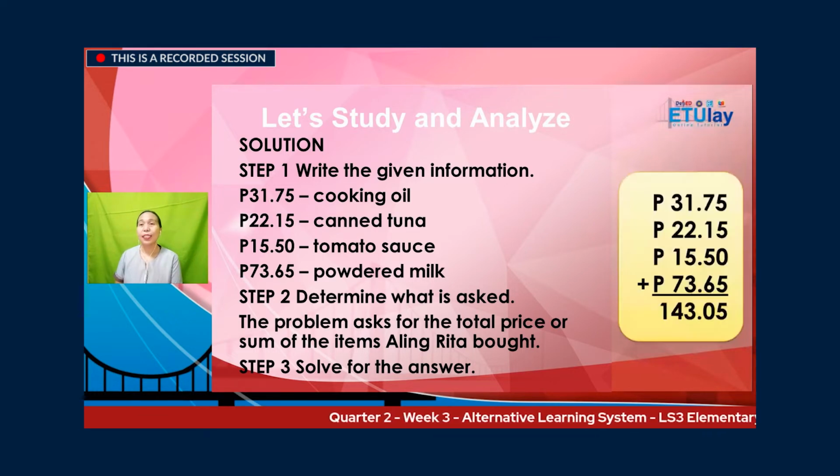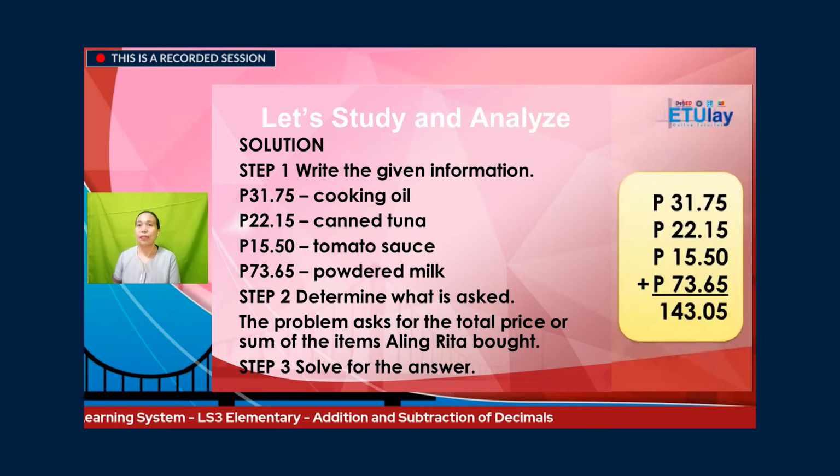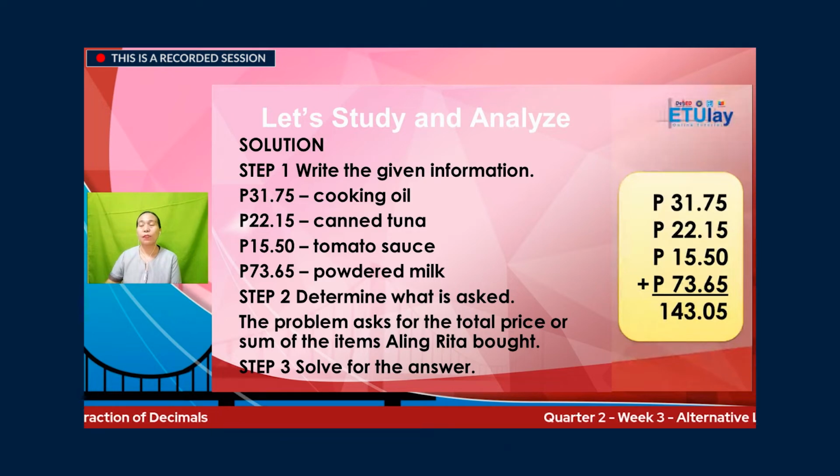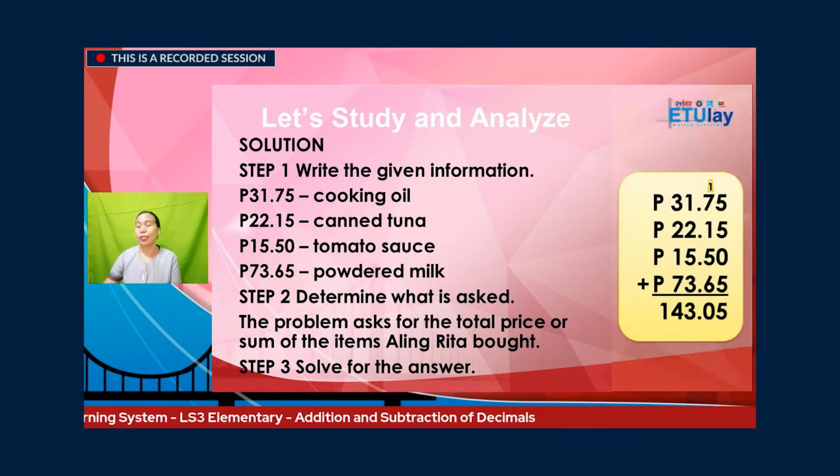So we got 31.75 plus 22.15 plus 15.50, then 73.65. First, we have 5 plus 5 plus 5, it's 15. Bring down 5, carry 1. Then, 7 plus 1 plus 5 plus 6 plus 1, it's 20.